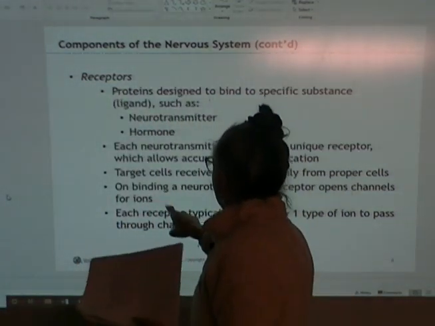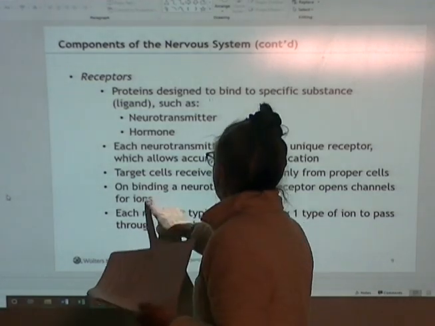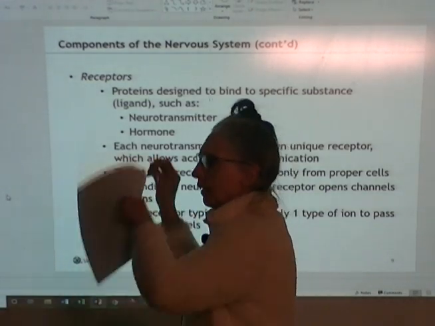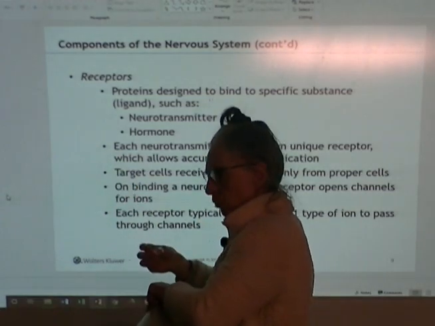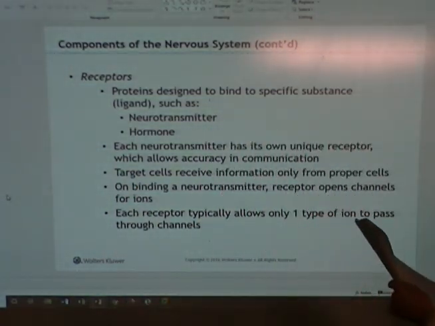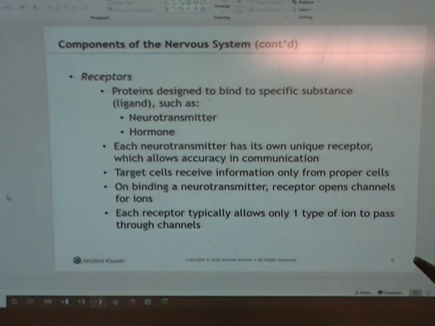So at this point here, when we open the channel, we're turning the signal back into an electrical signal from a chemical signal. Typically, receptors will only allow one type of ion to go through a channel. It so happens that when we look at the neuromuscular junction, the receptors allow two. They let both sodium and potassium move back and forwards.